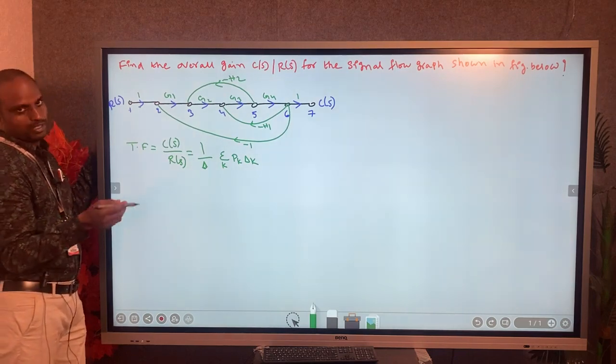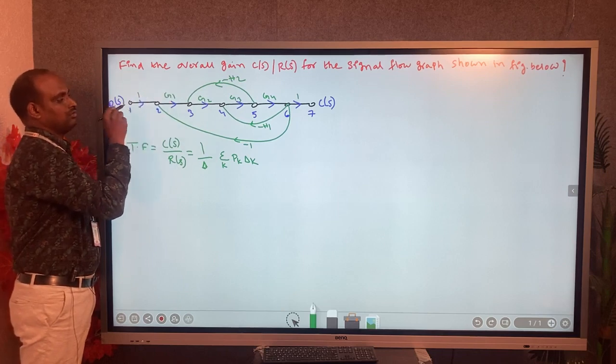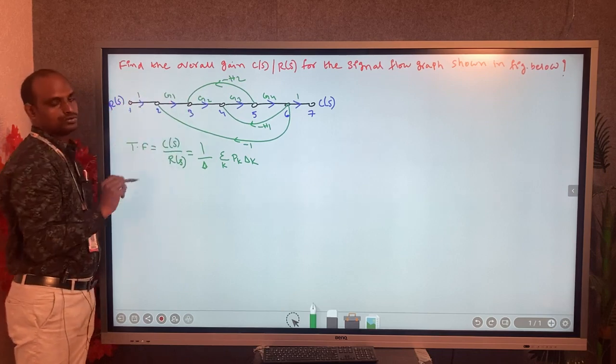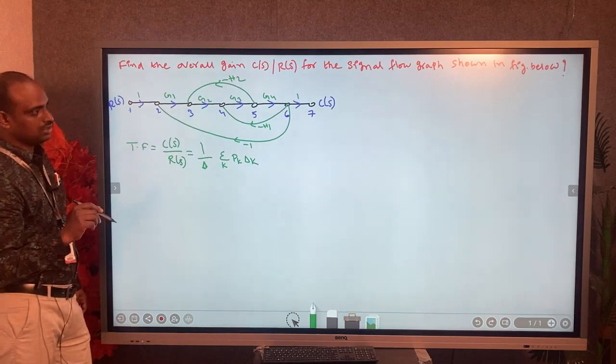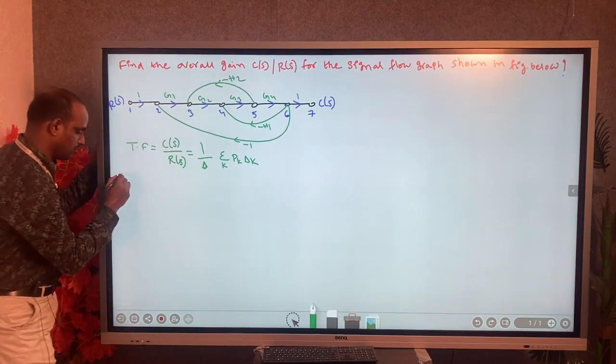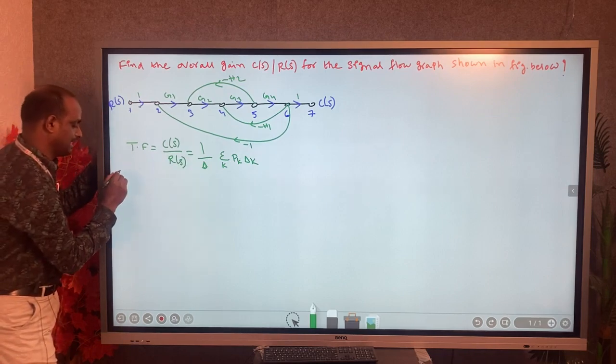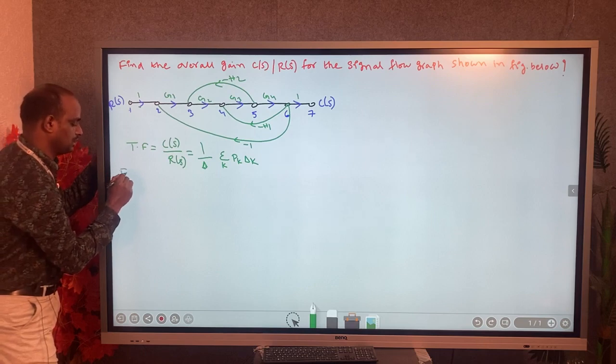Actually in every problem, if you consider input node to output node, generally the first forward path will cover all the nodes. So first we have to go for finding the forward path gain.